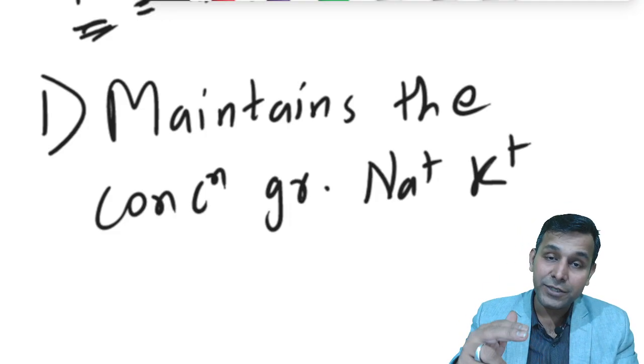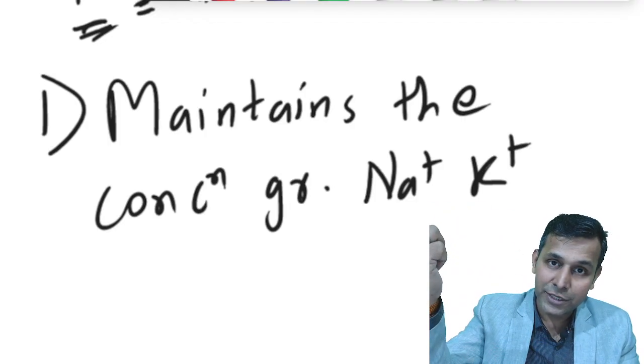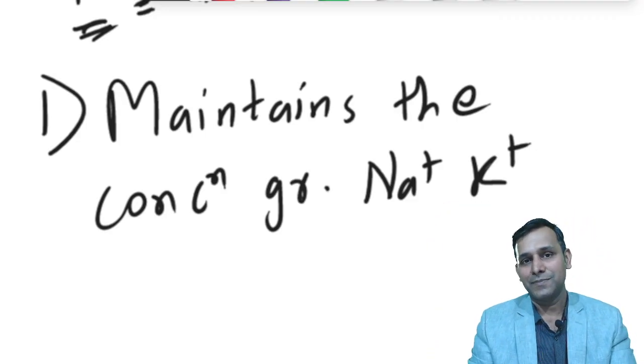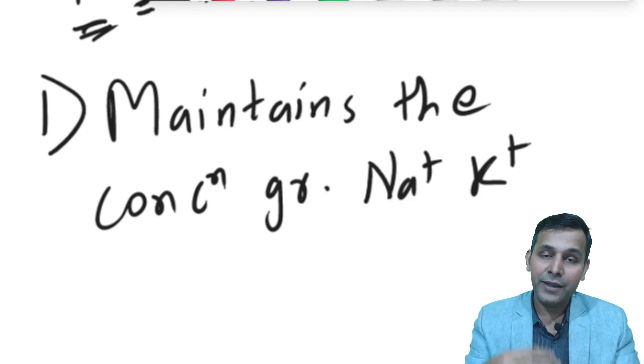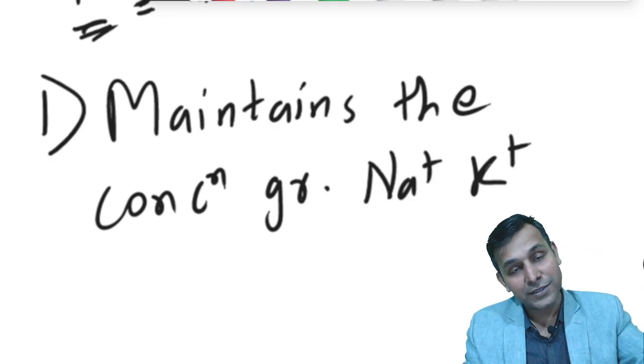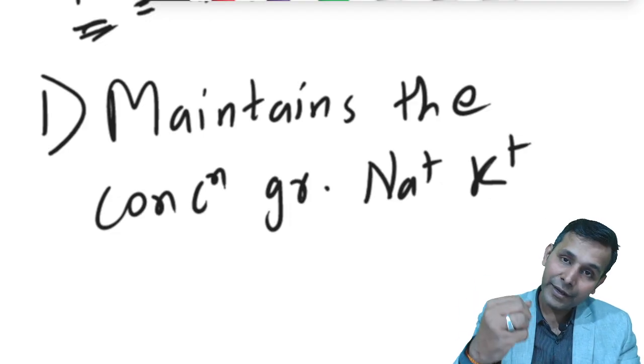And the moment potassium diffuses from inside the cell to outside the cell, the pump brings the potassium back inside the cell. In this way, this pump maintains the sodium concentration more outside the cell, and the potassium concentration more inside the cell.